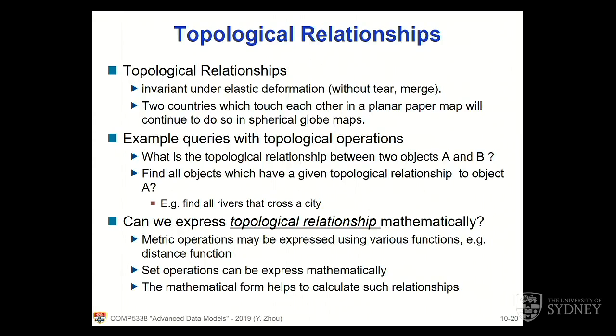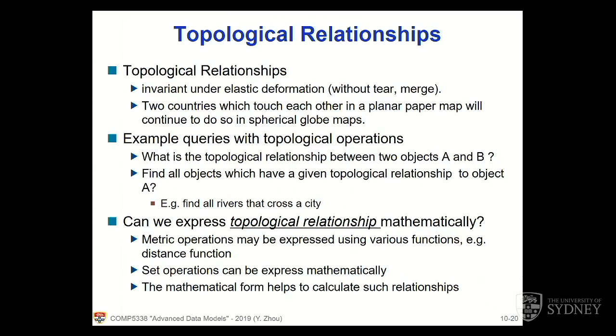We can use touch, disjoint, contains, or overlaps, or a few other terms. So we can describe this textually very well, but this doesn't really help us to actually calculate it. So we want to be able to express this mathematically. Then this can help us to calculate this more efficiently.